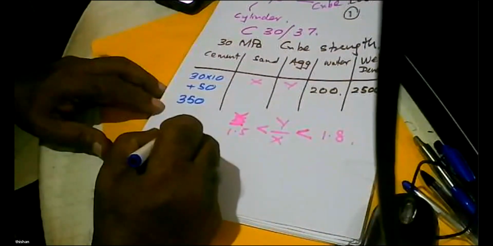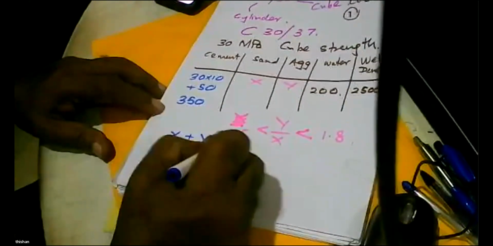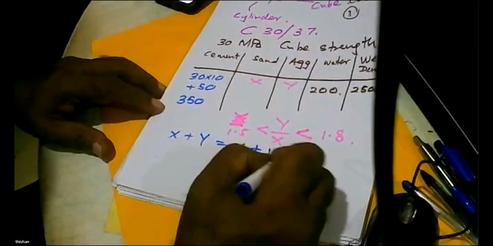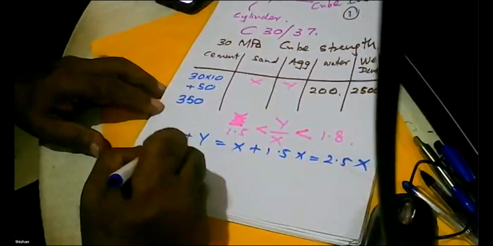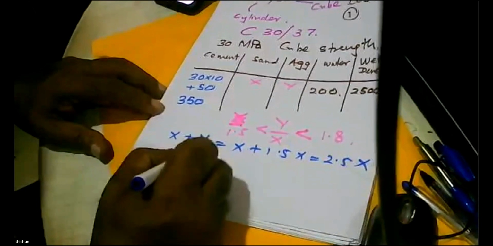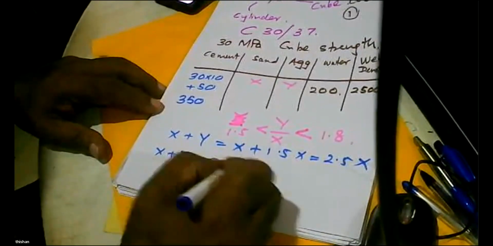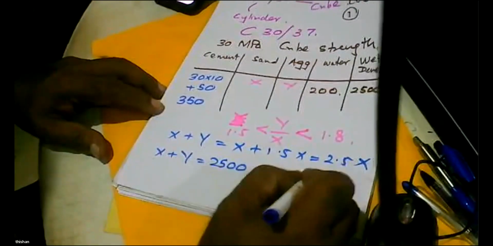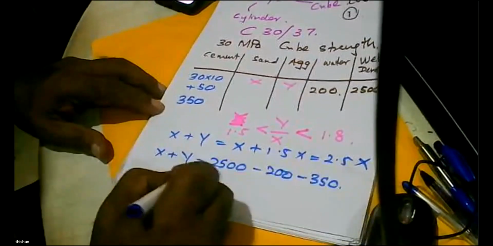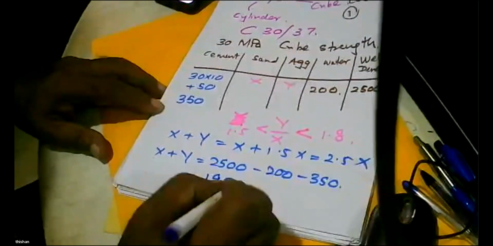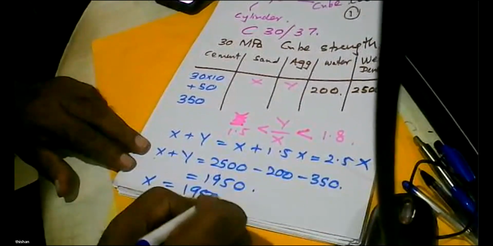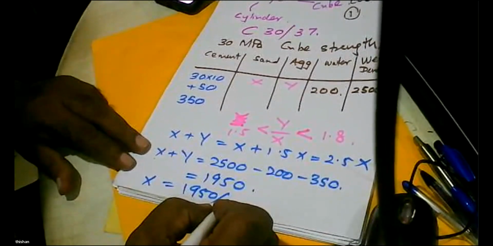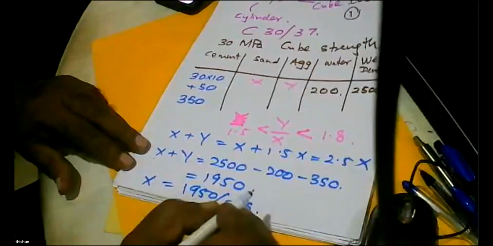That means x plus y is equal to x plus 1.5 times x, which is 2.5 times x. So x plus y is equal to 2500 minus 200 minus 350, and that gives 1950, and x is equal to 1950 divided by 2.5.